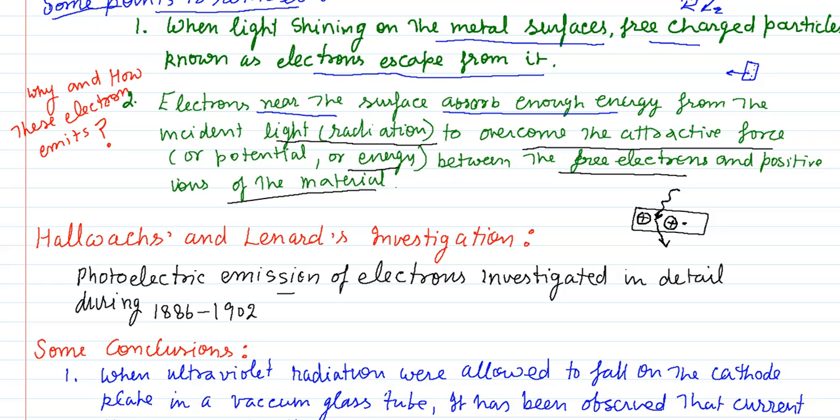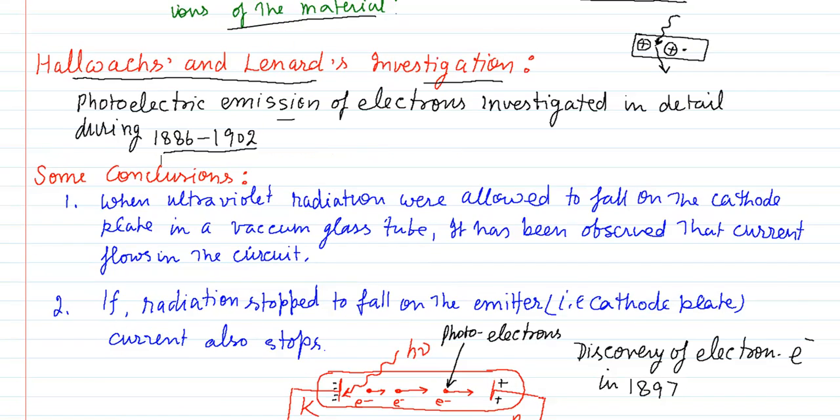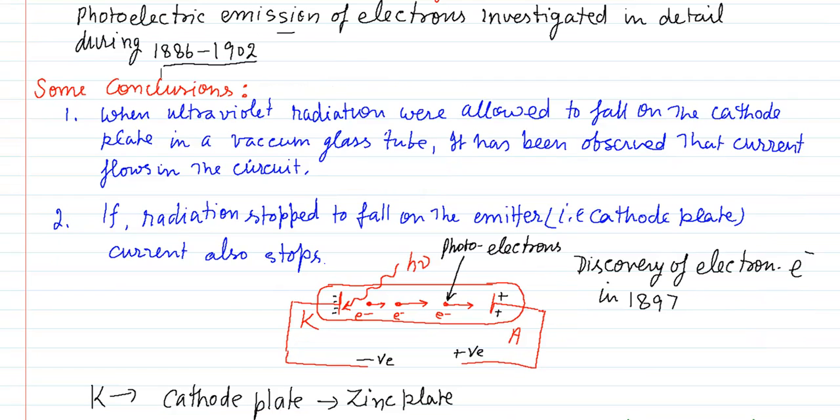Two more scientists, Hertz and Lenard, also investigated the photoelectric emission phenomenon in detail during 1886 to 1902. Some conclusions are discussed here.